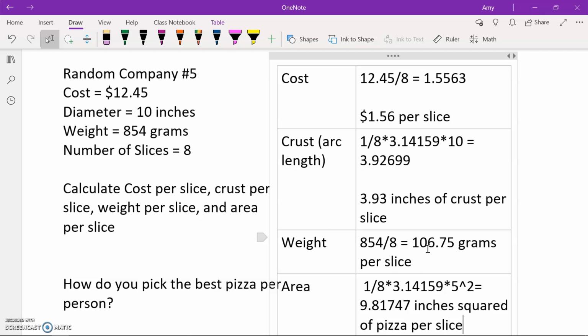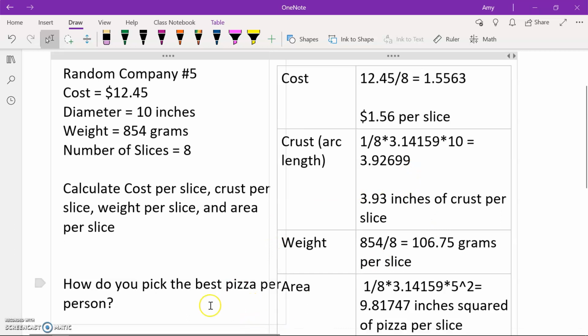So you might say, I chose pizza company number 5 because they had 3.93 inches of crust per slice, and that is the most crust in each slice compared to any pizza. And I know that this teacher wanted more crust. Right? So that is a way that you could frame your argument without showing me the calculation in the video, but showing me why that calculation helps justify your answer.